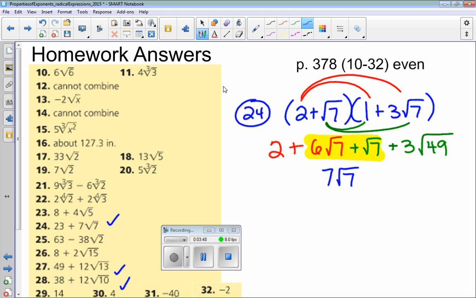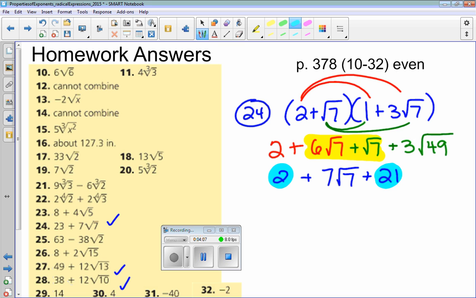Now I have to look at the other two parts that are not highlighted and see if I can combine those, which I actually can. What is the square root of 49? What's 7 times 3? So this is actually 21. Now can't I combine the 2 and the 21?